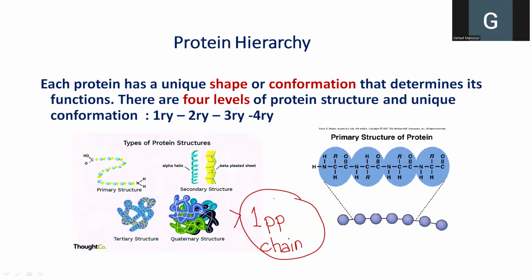If you're ever asked what is the level of protein hierarchy where the molecule of protein contains more than one polypeptide chain, you would say the quaternary structure, whether it includes 2 polypeptide chains or 3 or more. All this makes the molecule in the quaternary structure.